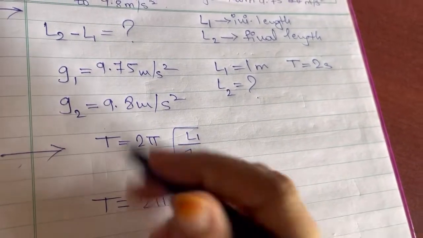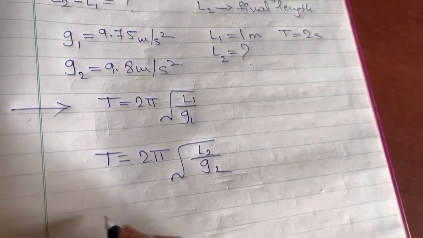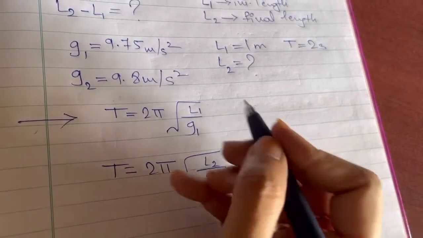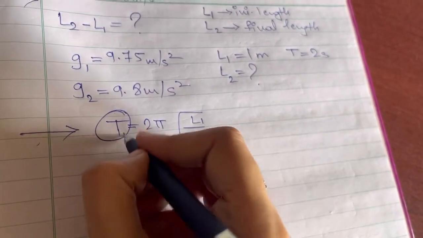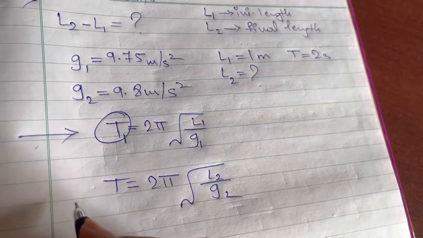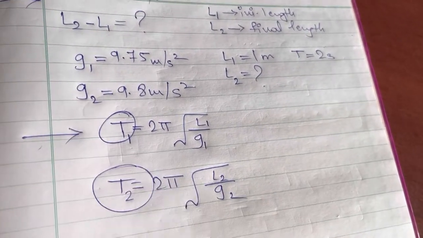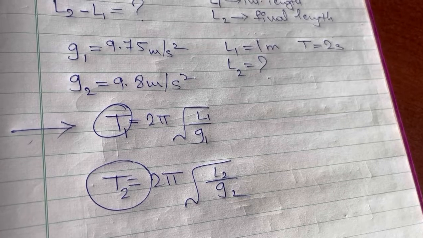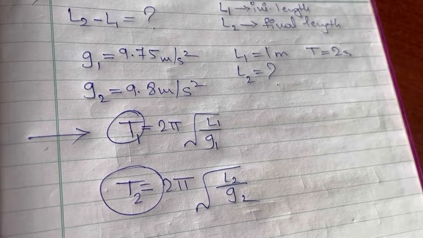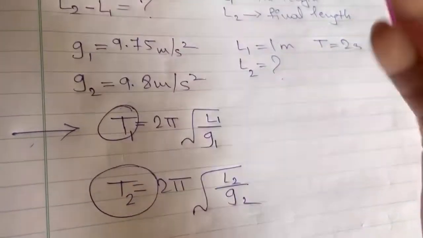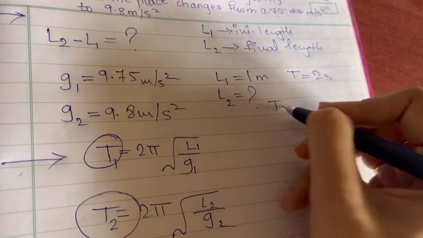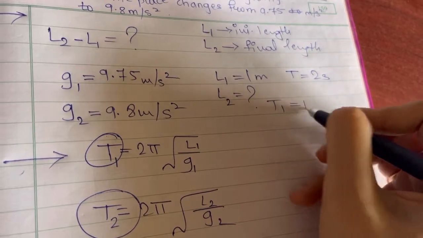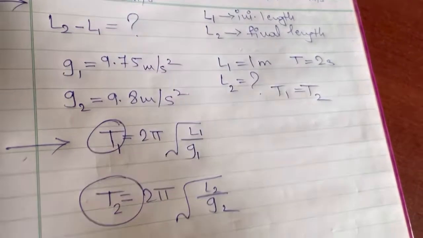Since the time remains same because it is seconds pendulum, let me call T1 as the time for initial condition and T2 be the time period for final condition. In both the cases the pendulum is seconds pendulum, so time will remain same, that is 2 seconds.